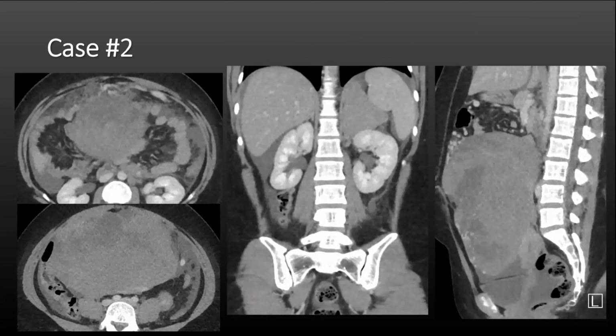I'll give you a couple of seconds to look at it before launching the polling. Okay, what do you think is the most likely diagnosis?